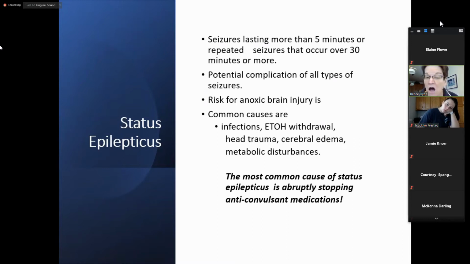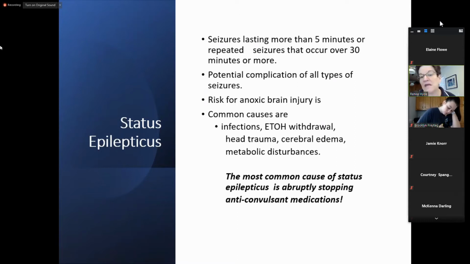The most common reasons that you see it are infections, alcohol withdrawal. You may see it with head trauma that's severe, cerebral edema, and metabolic disturbances. You can have status with alterations in sodium, okay? But the most common cause of status is abruptly stopping anticonvulsant medications.